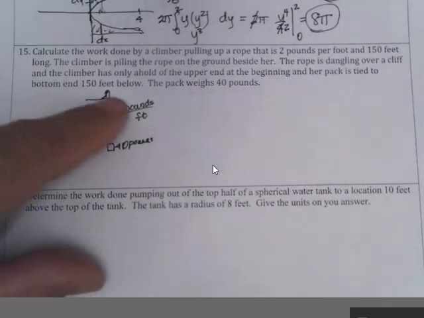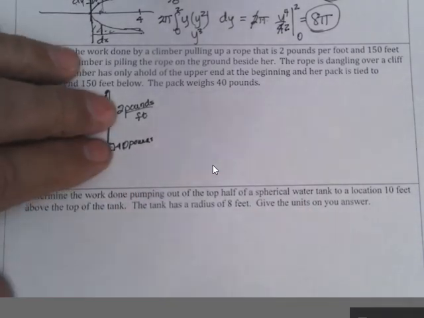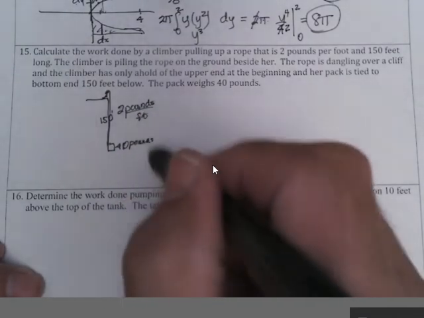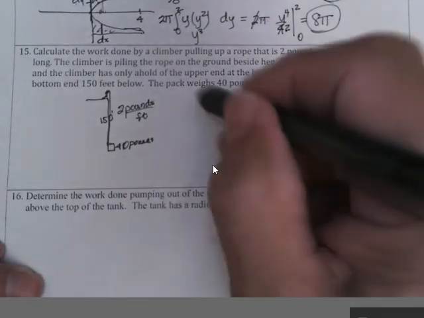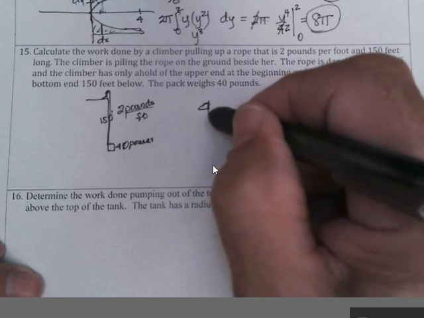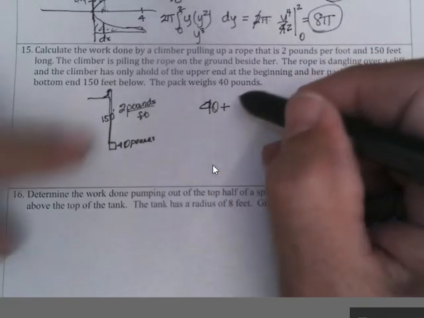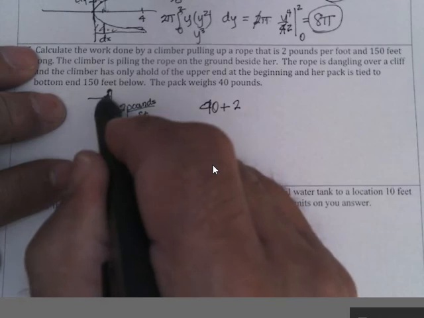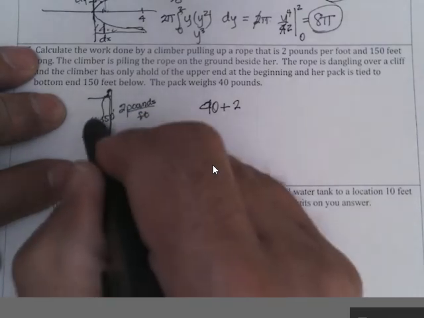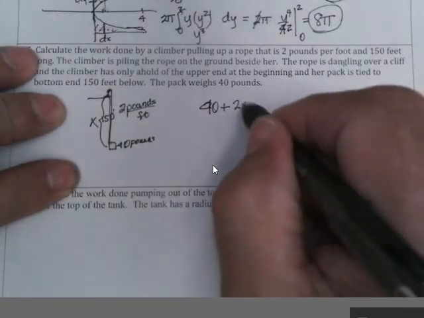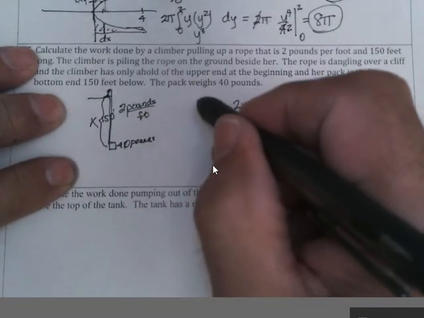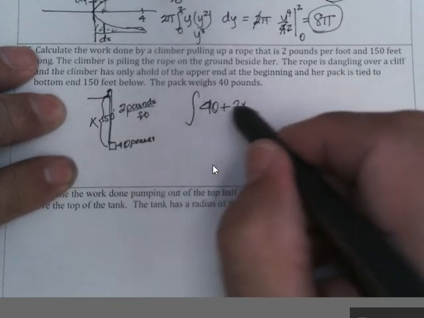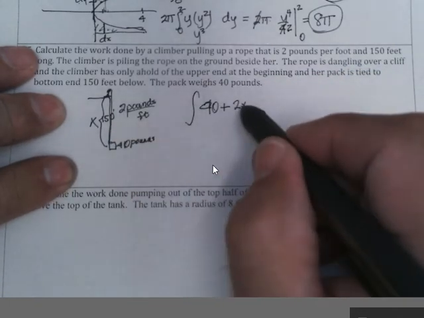So those are already weight. This is a weight density, linear density, and this is a weight, so it would be 40 plus 2 times however much rope is out here, and that's going to change, so I'm going to call it x, 2x, and we want to pull it up a little bit at a time, so this would be pounds.